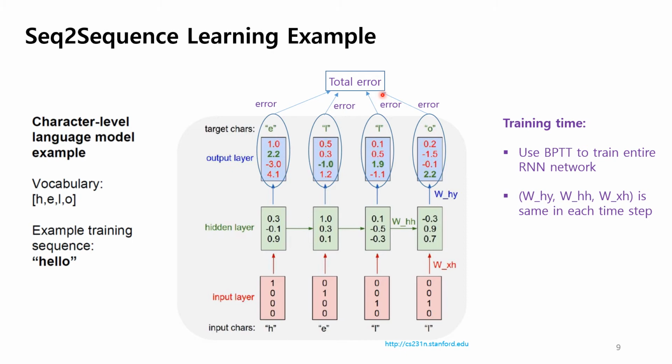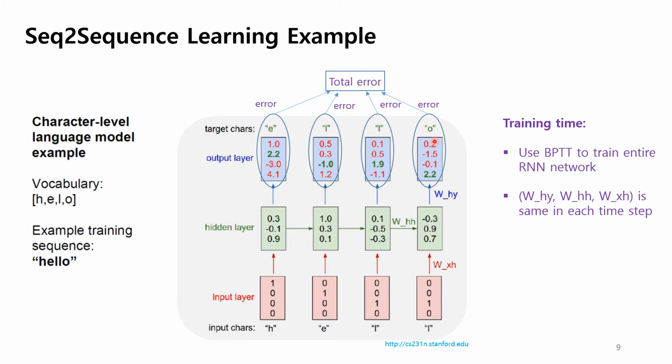And we use backpropagation for this entire network to update all these weights. The error function we use is the summation of the error in each time step. So that's the basic idea of training this RNN.